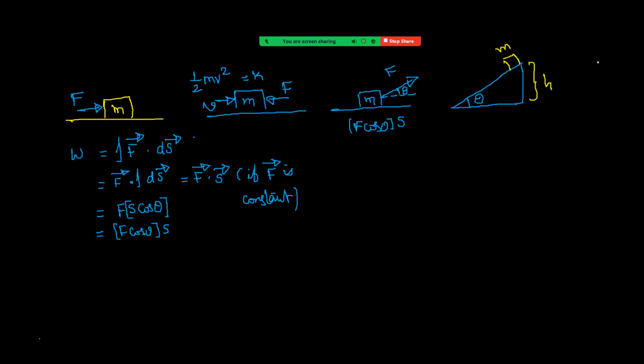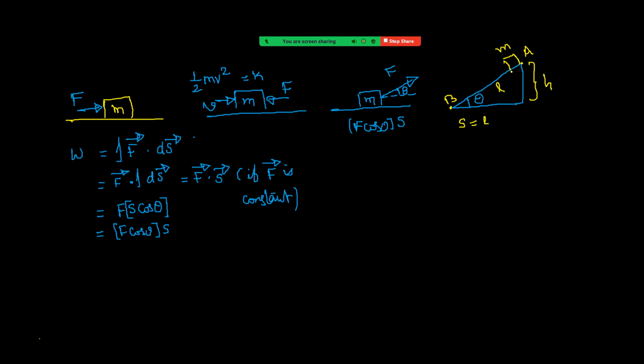Suppose length of inclined plane is L, then displacement equals L, direction from A to B. So modulus value is L, but force is along vertical. So here we are taking component of displacement along the force, along vertical.